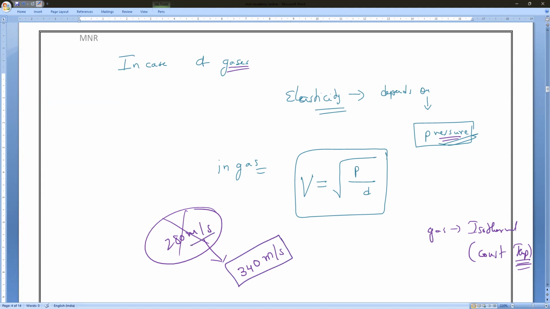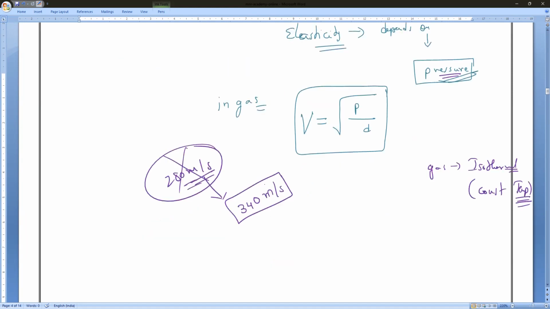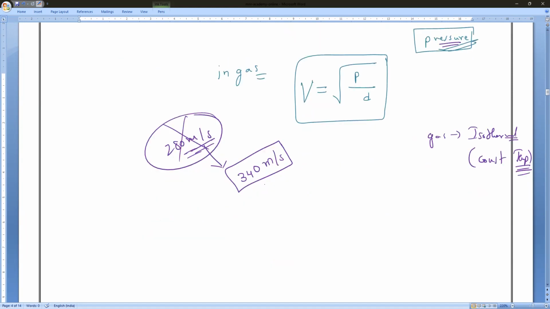So Newton assumed that it is an isothermal system and calculated that the speed came around 280 meters per second. But later it was found to be a mismatch. By experimentation, the value is about 340 meters per second. So it was later proved that Newton's expression for the speed is wrong.